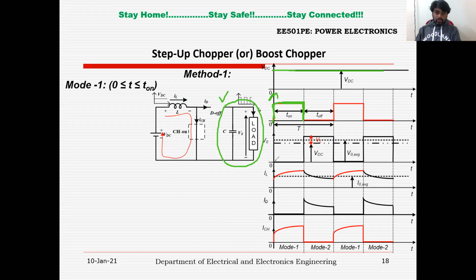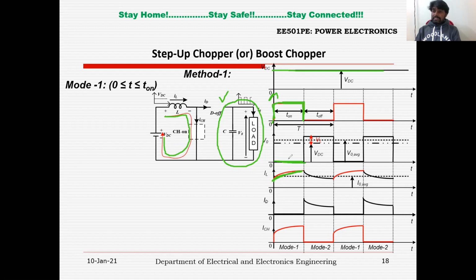If there is no current, you won't get any voltage, so you can find zero voltage across the load. And since the inductor is connected to the battery, there is a closed path for the current to flow, which means during this T on period, the inductor is charging. So you can see the inductor is charging linearly from some I1 to I2, or I minimum to I maximum.